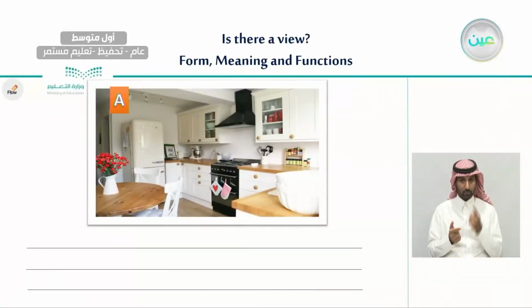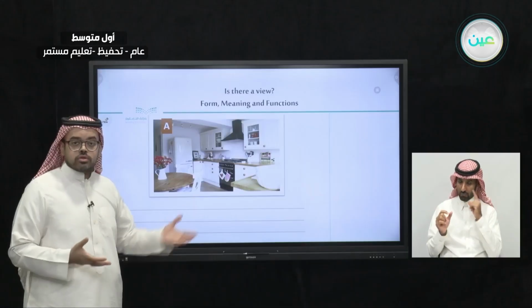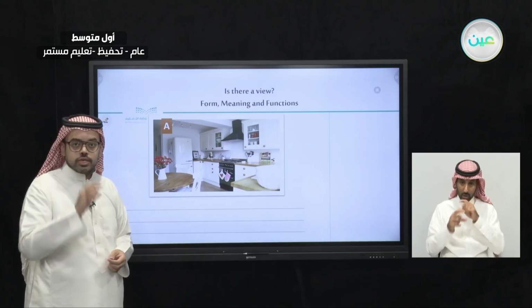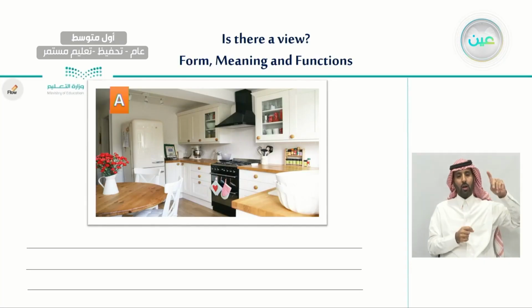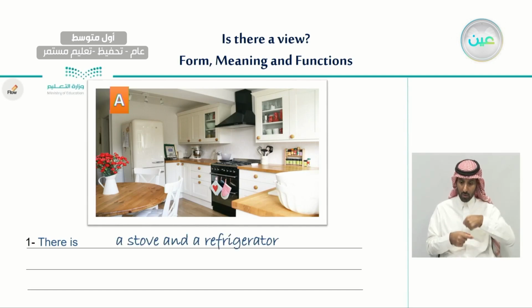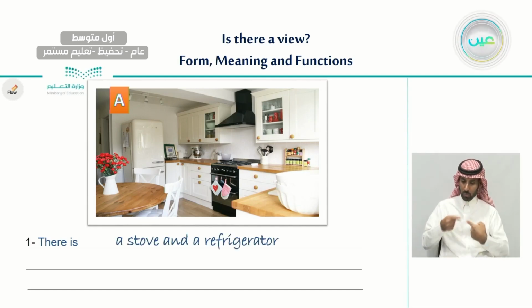So here we have the picture again, and now let's try to write sentences about the things in this picture using the conjunction and. The first example, number one: there is a stove and a refrigerator.